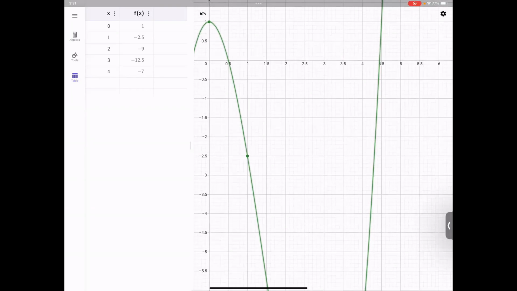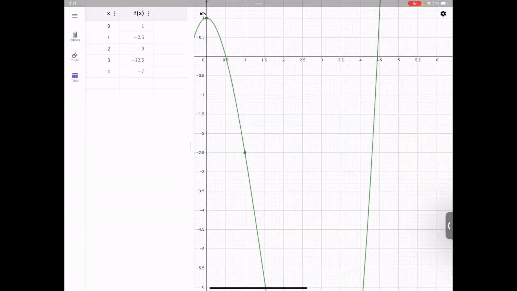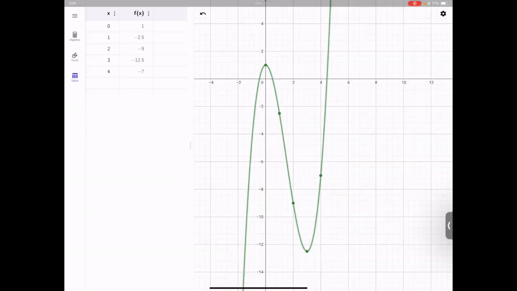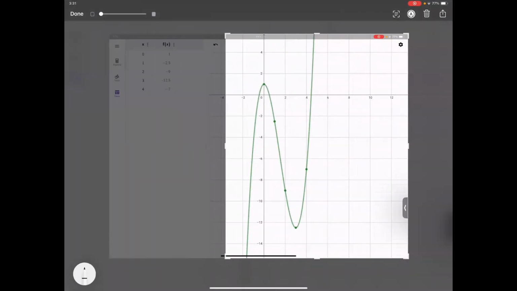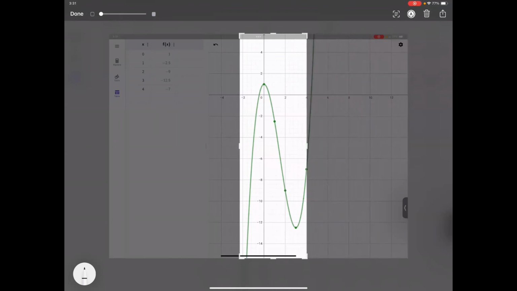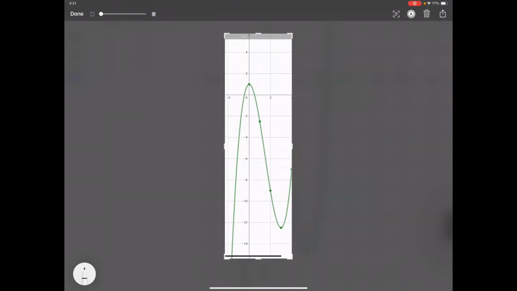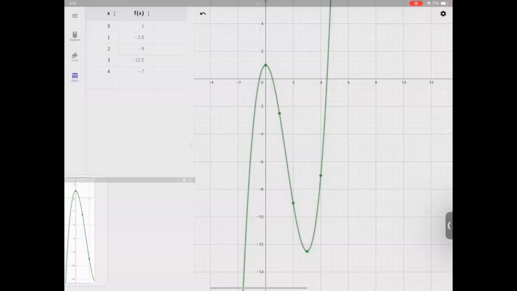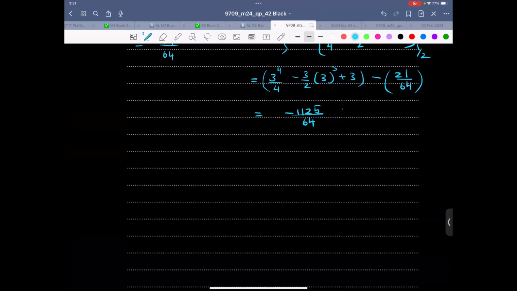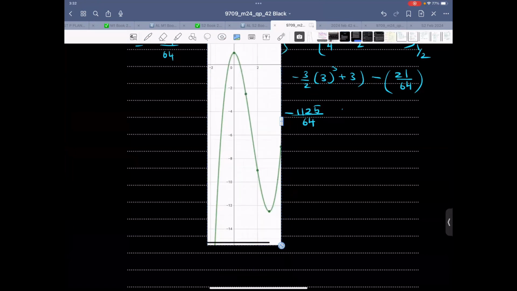This value is negative. The velocity is negative. Let me take a screenshot of this and show you this in a little more detail so that you have a good idea. I'm saving it, and let me just insert it over here.